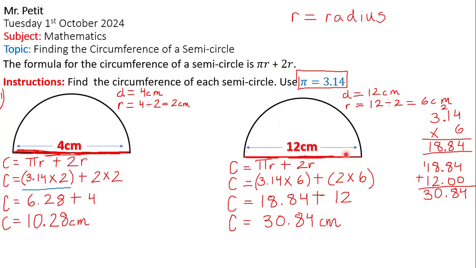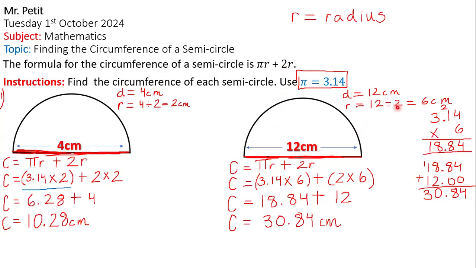The diameter is what? What's the diameter, Christian, of this? 12 centimeters. The diameter is 12. But the diameter is not the radius. What is the radius? 6 centimeters. How you get 6? Because the radius is half of the diameter.